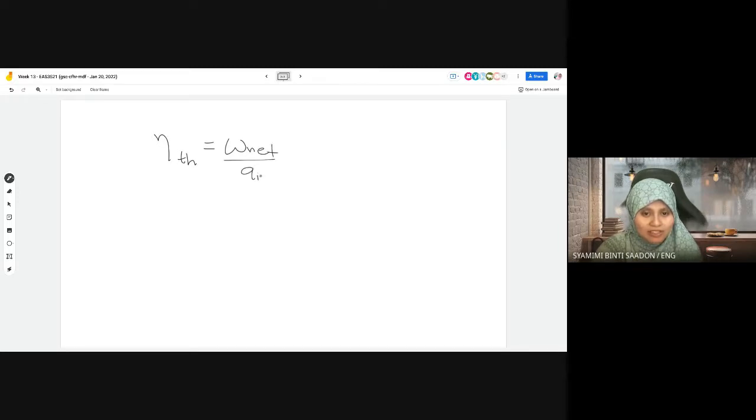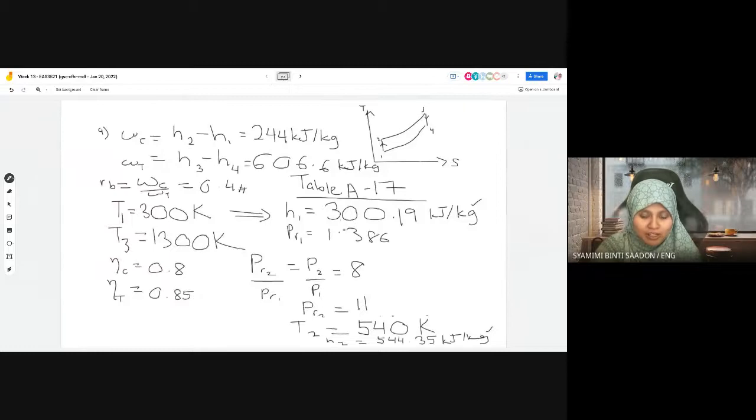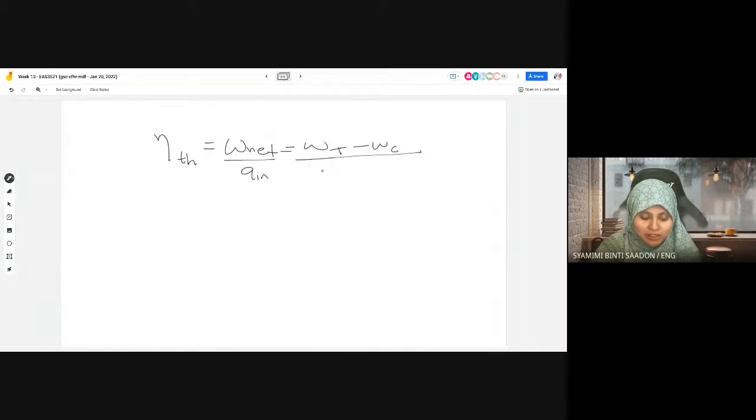The W net is the one we calculated just now, the turbine work minus the compressor work. Q in is H3 minus H2. You already have the values of H3 and H2 previously, so just use that and you get the thermal efficiency. So that is B, easier.